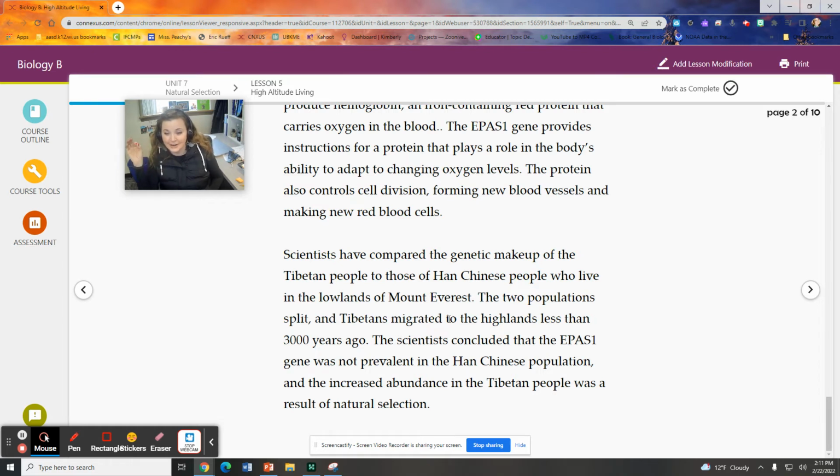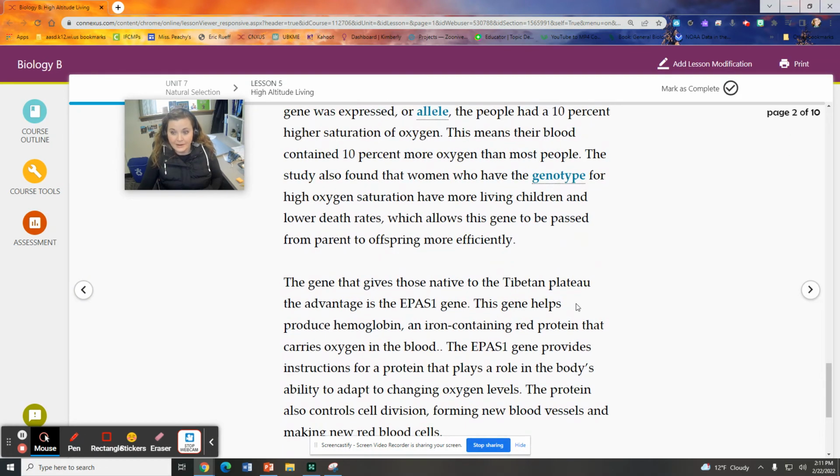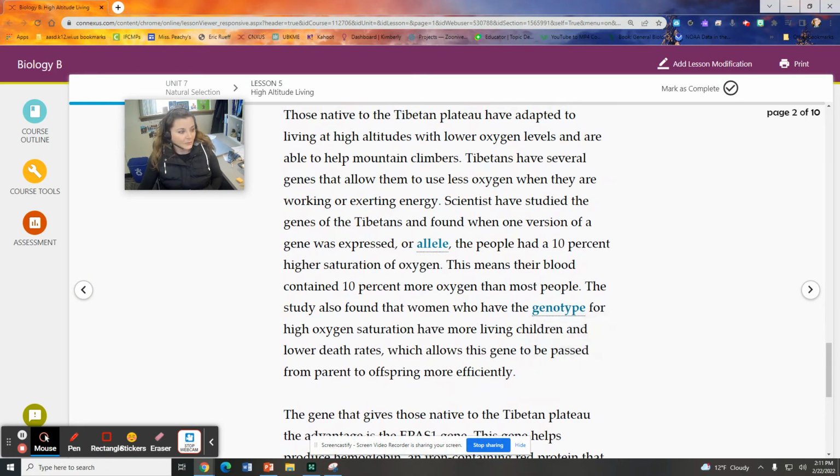It is, right? Because it's through natural selection. It provided them with an advantage. They didn't die as much because they could get more oxygen. They could live in this higher altitude. It enabled them to survive in an environment which they couldn't survive before.